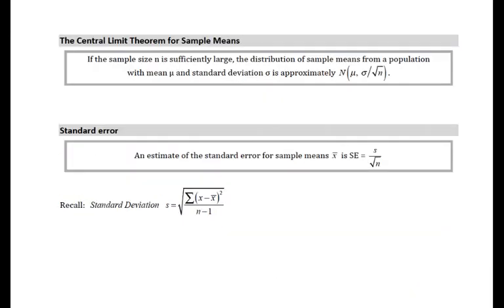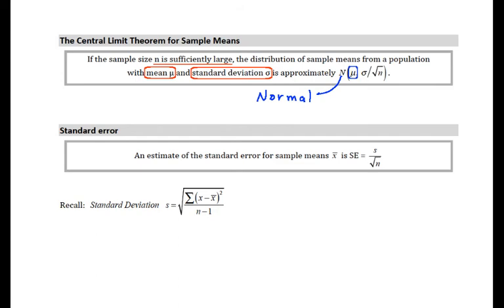This brings us to the central limit theorem for sample means, which states that if the sample size n is sufficiently large, the distribution of sample means from a population with mean mu and with standard deviation sigma is approximately N, this N means normal, with mean mu.